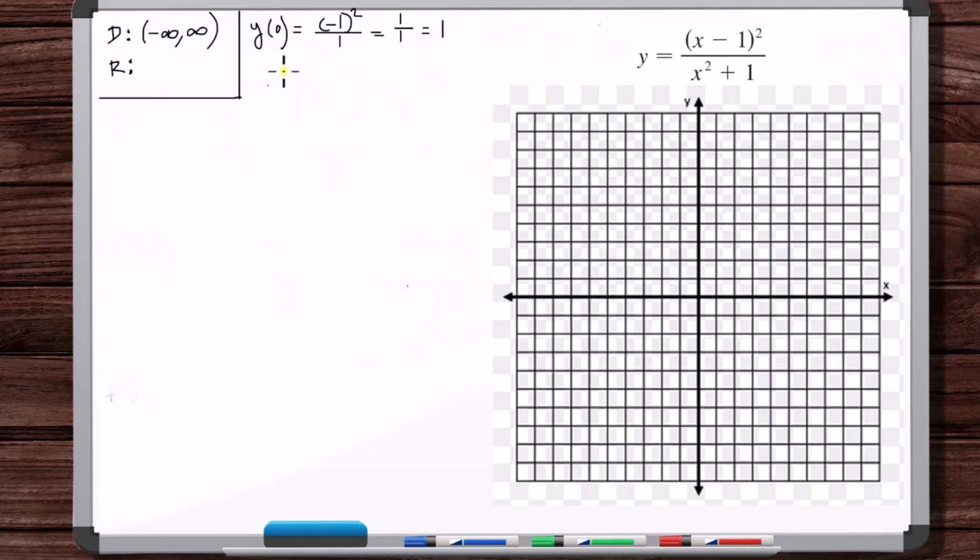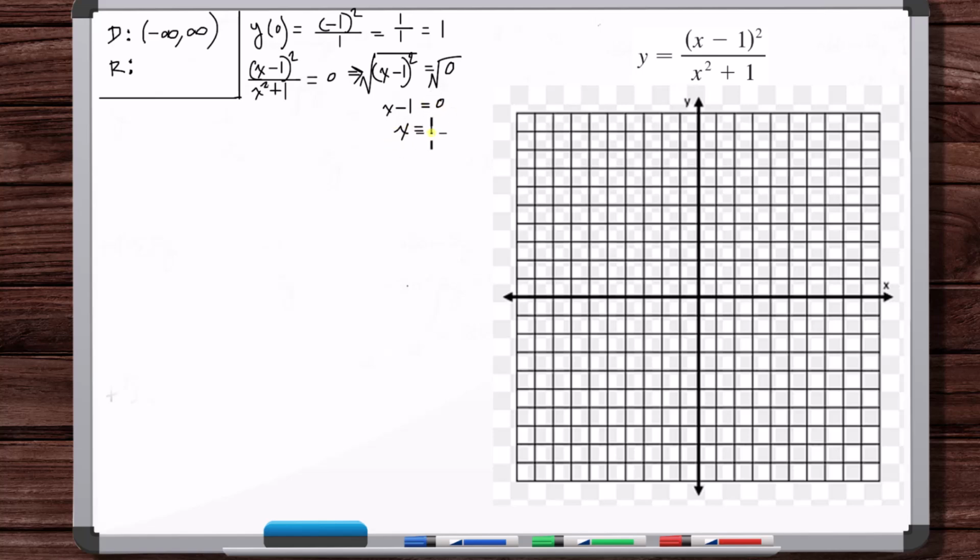Okay, x-intercepts: set y equal to 0 and solve for x. So this means, when does x minus 1 squared equal 0? So when does x minus 1 equal 0?